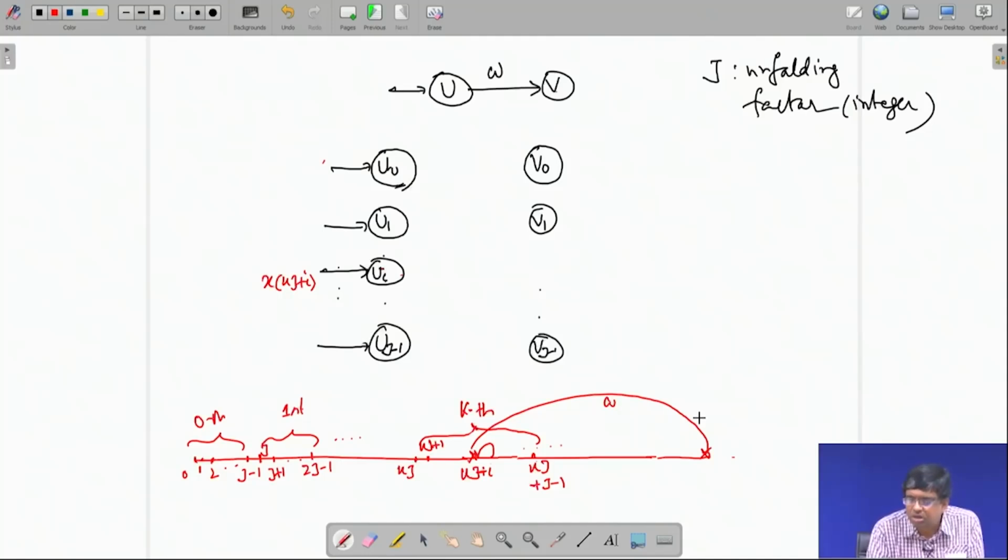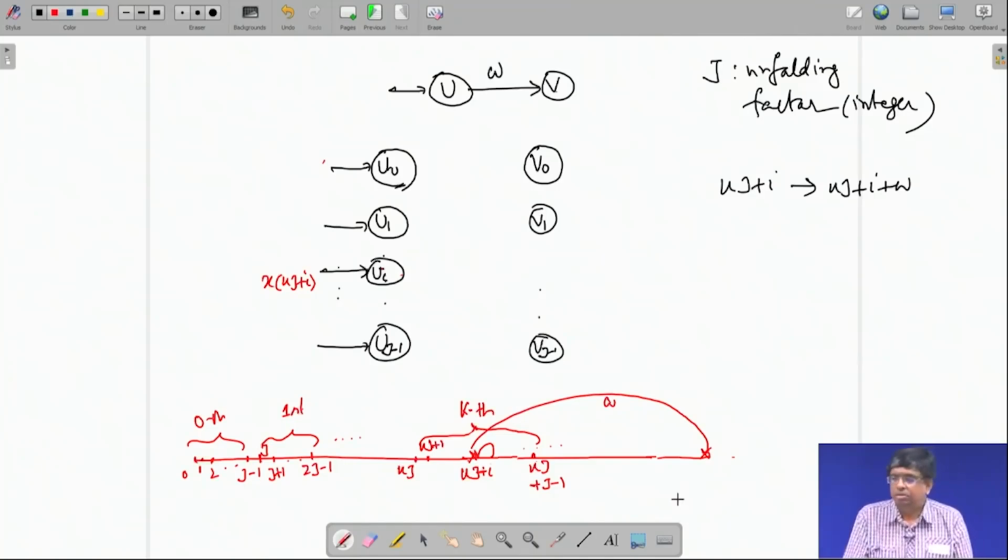But before I proceed further, if it is kj plus i, this point is kj plus i plus W. No need to put x, this is going to kj plus i plus W.